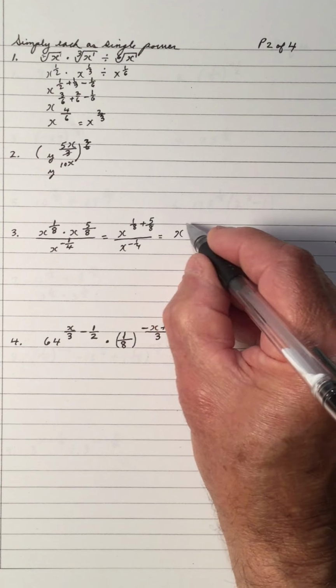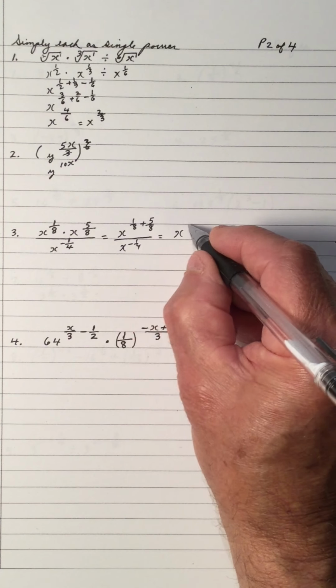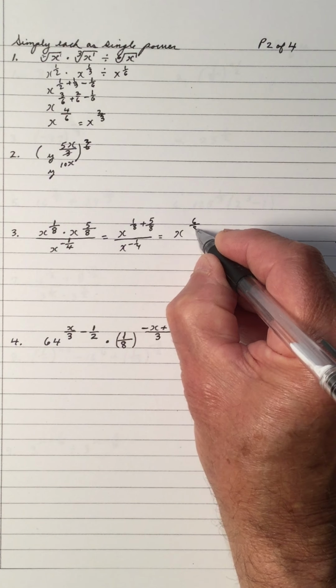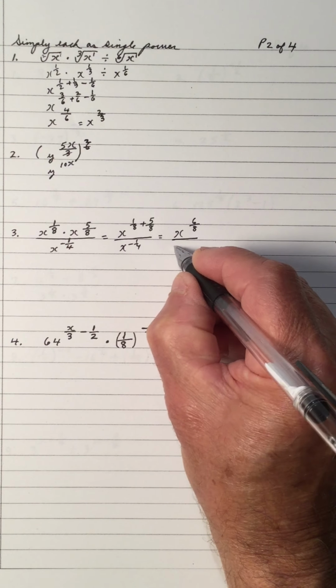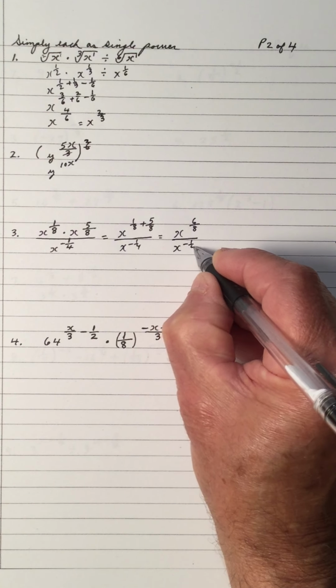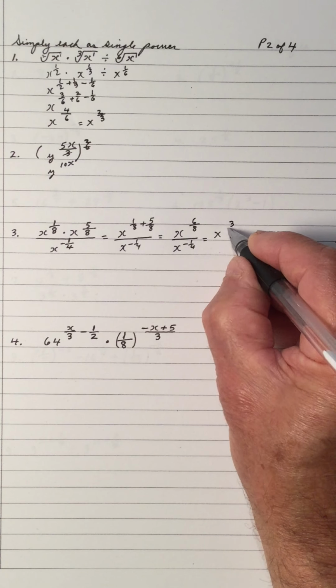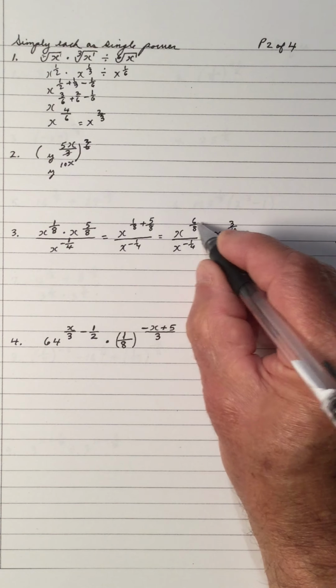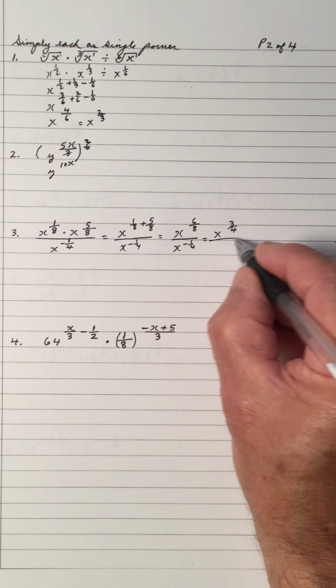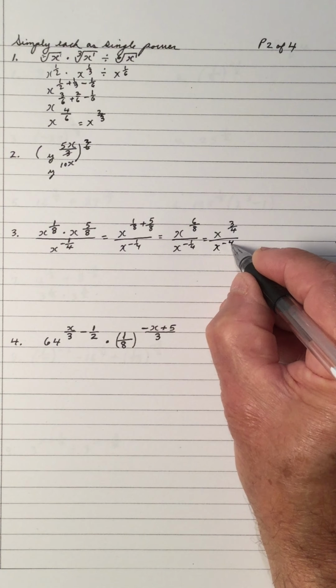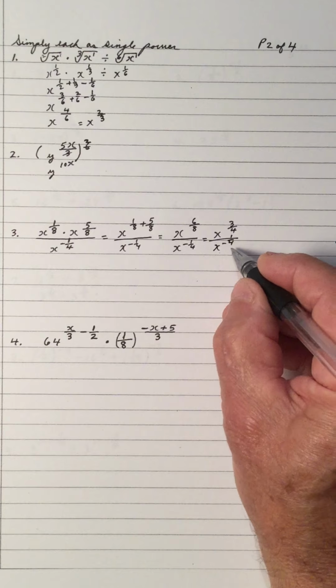And so we'll add 1 plus 5 is 6, so that's 6/8. And the bottom stays, and 6/8 becomes 3/4 when you divide 2 into both of them. The 2 is a common factor, and now that's a 1/4.